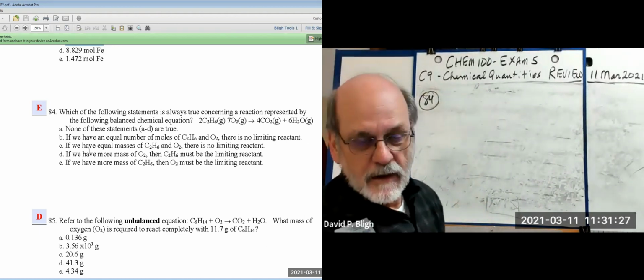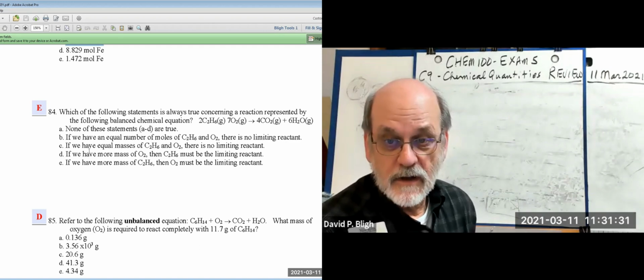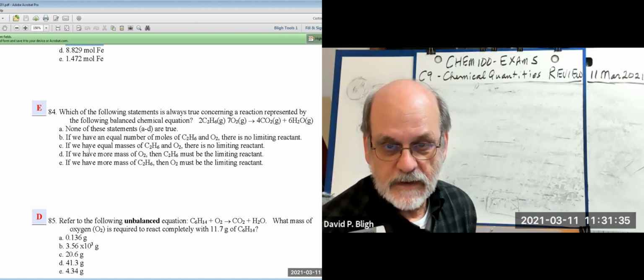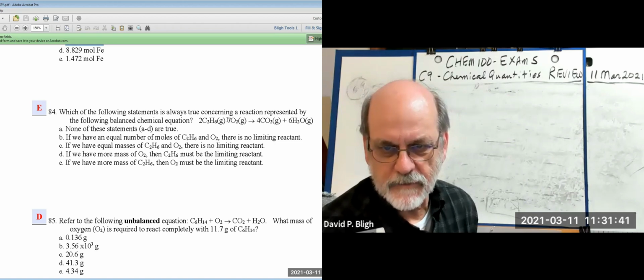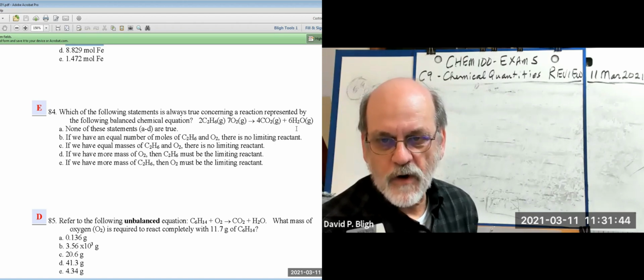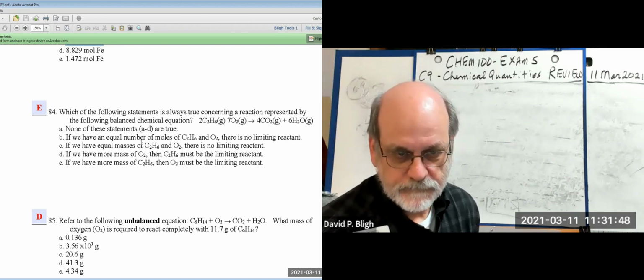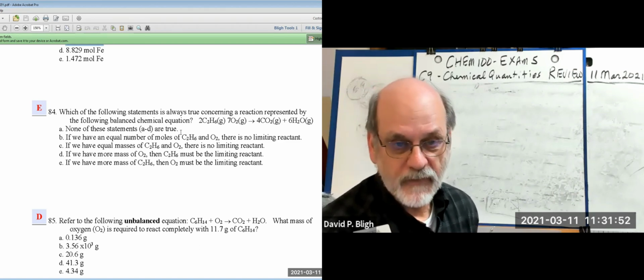All right. Which of the following statements is always true concerning a reaction represented by the following balanced chemical equation? This is ethane, 2 ethanes plus 7 oxygen. There should be a plus sign right there. Yields 4 carbon dioxide and 6 water. So none of the statements are true, well, we'll have to see about that.